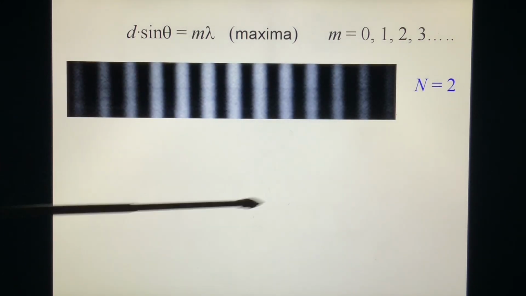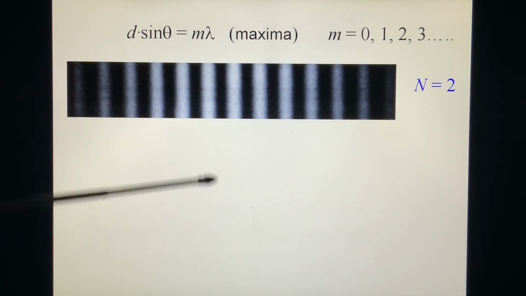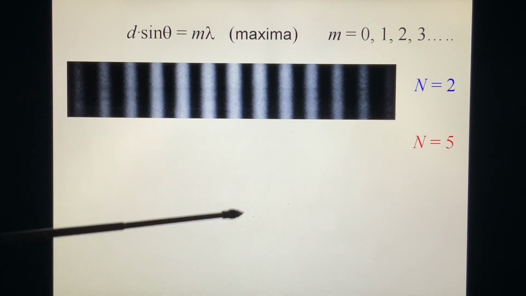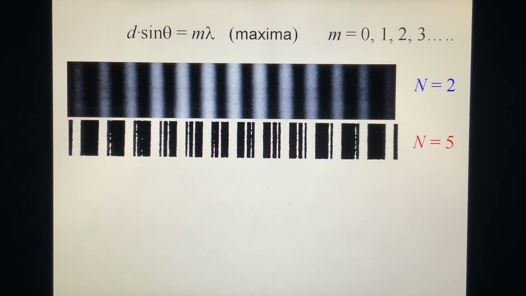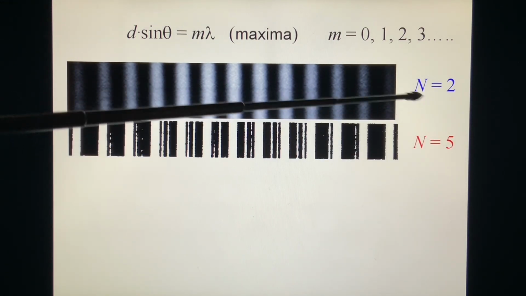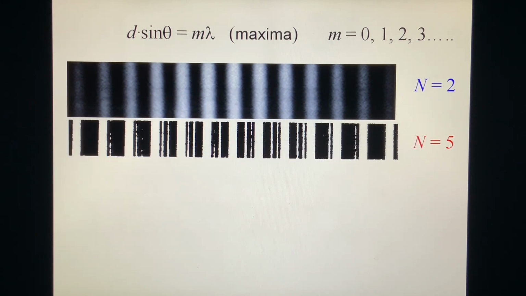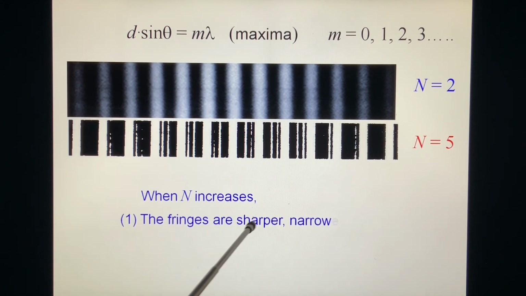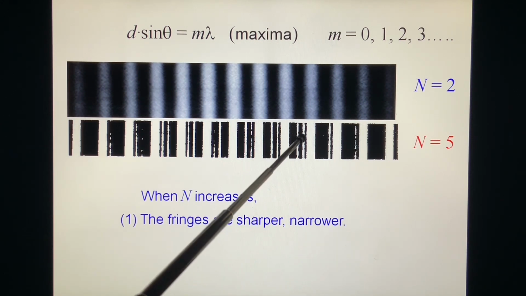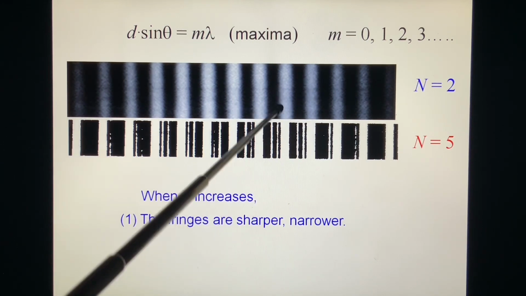Let's look at this one, n equal to 2, and this diffraction pattern, n equal to 5. Now they have different numbers of rulings. When n increases, first, the fringes are sharper and narrower. You see this one, sharper and narrower.